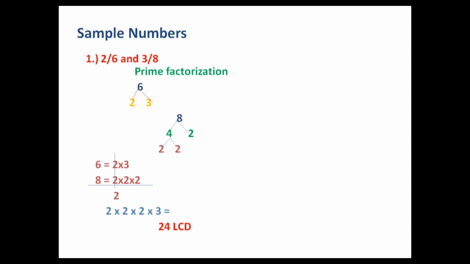Got it? How about finding the LCD by skip counting? Skip counting is very easy. Look at this. We have the denominator 6. Just do the skip counting of 6: 6, 12, 18, 24, 30, 36, 48, and so on.